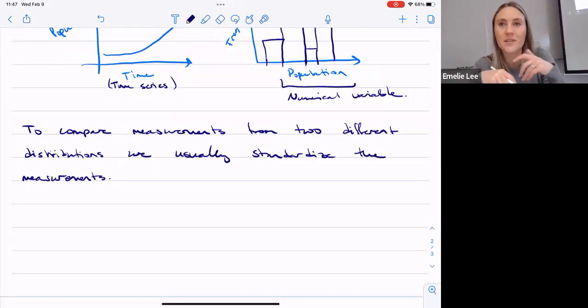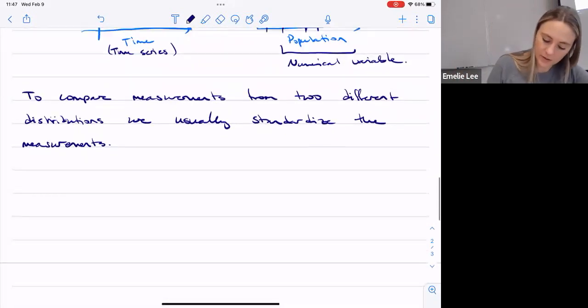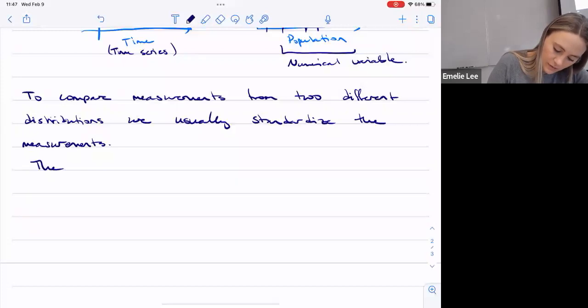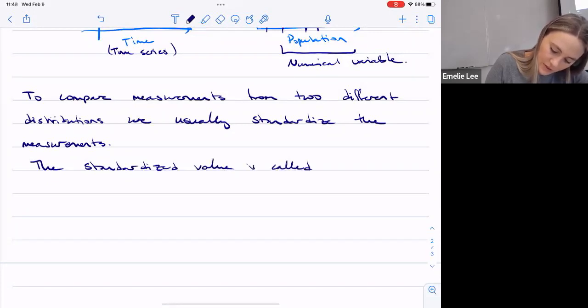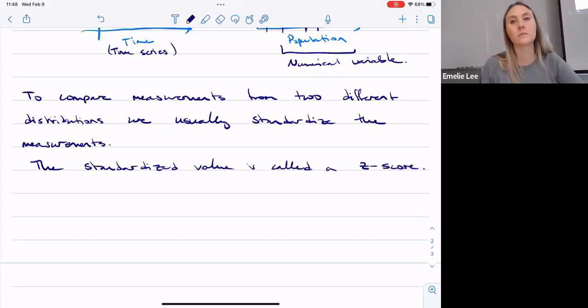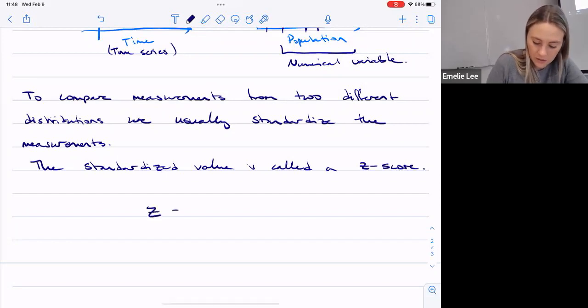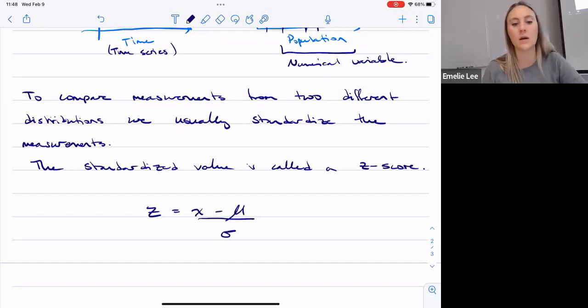The standardized value is what we call a Z-score. So Z is X minus mu over sigma.